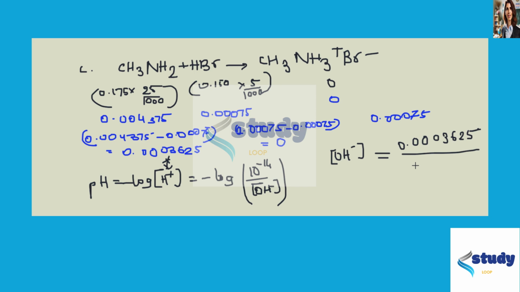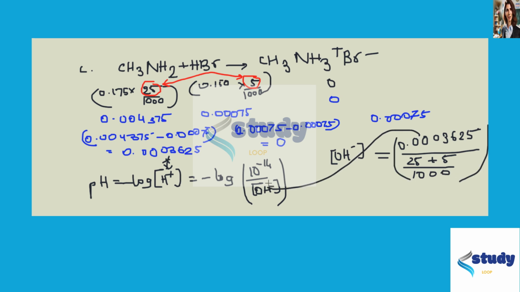Now remember, it's the volume of the solution, not just the volume of the base. So you have to add this and this quantity together, because that's how much solution is in there. Add it up, divide by 1000, because remember we convert everything into liters, and this is your OH minus.